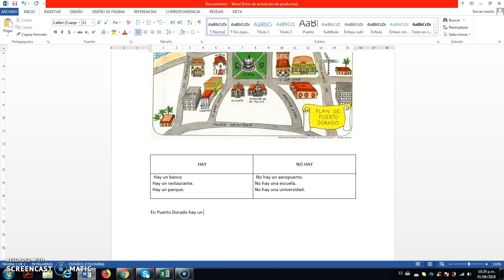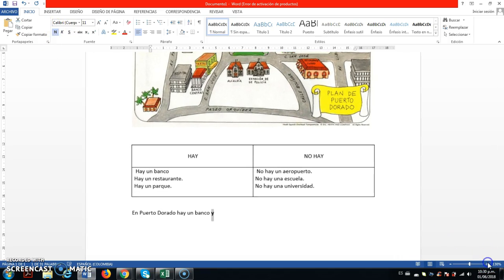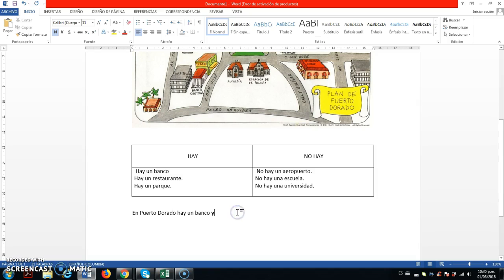Puerto Dorado, hay un banco y un restaurante.